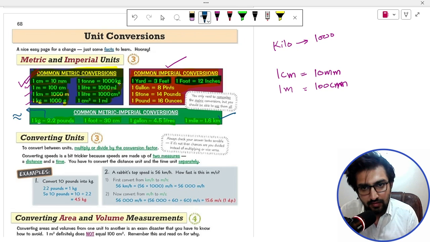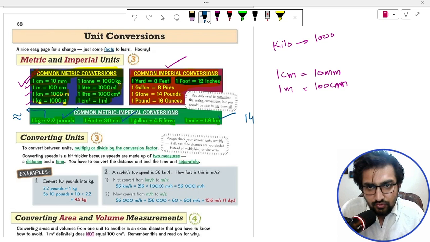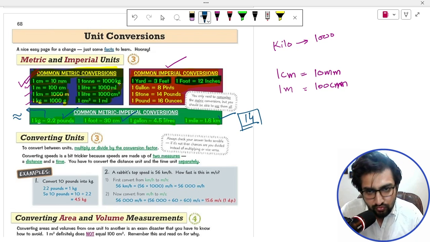So these 14 unit conversions, if you know them, you will be able to solve different questions.